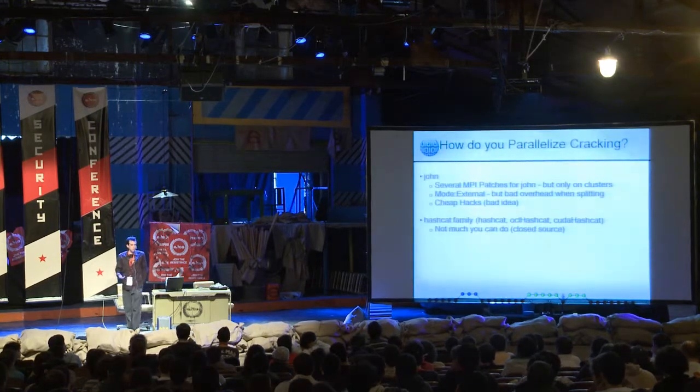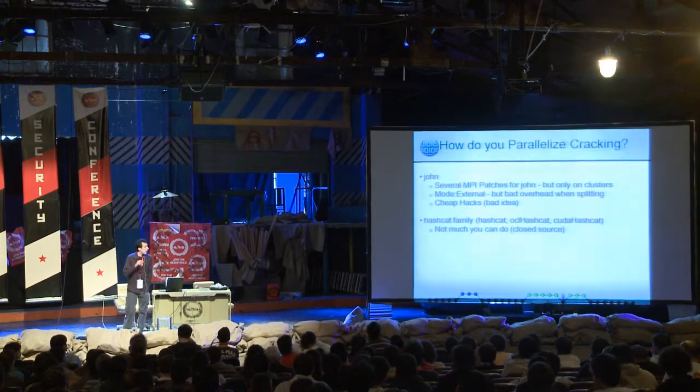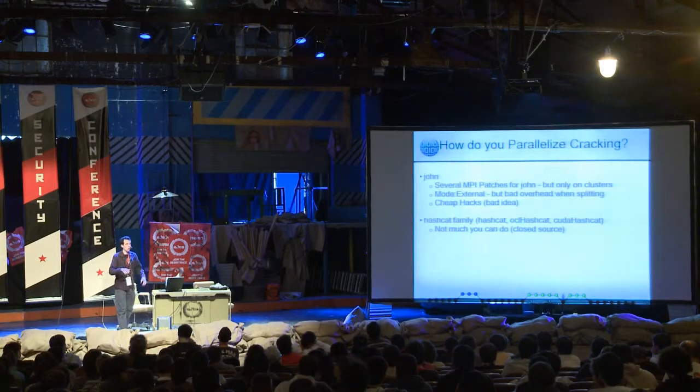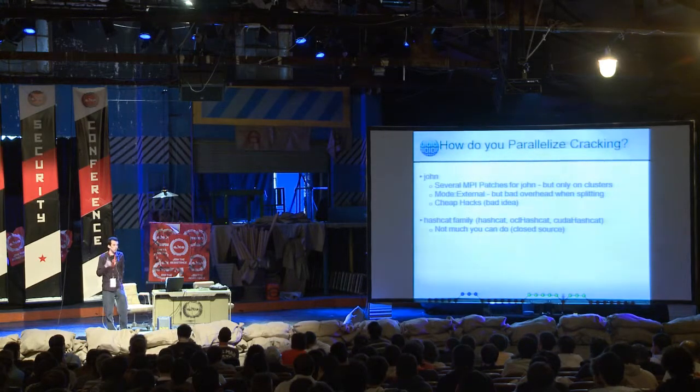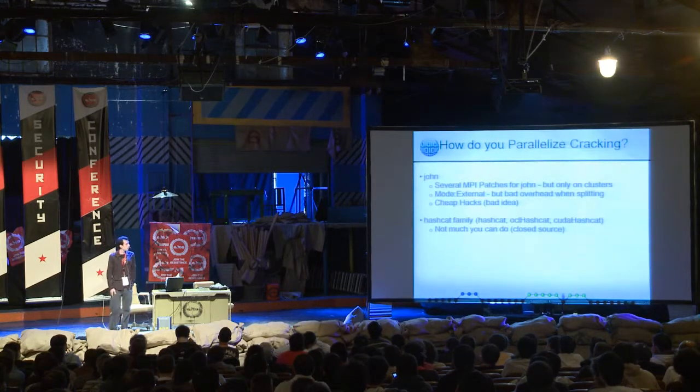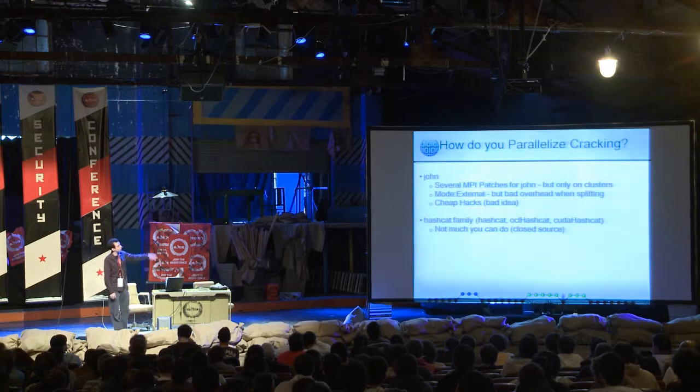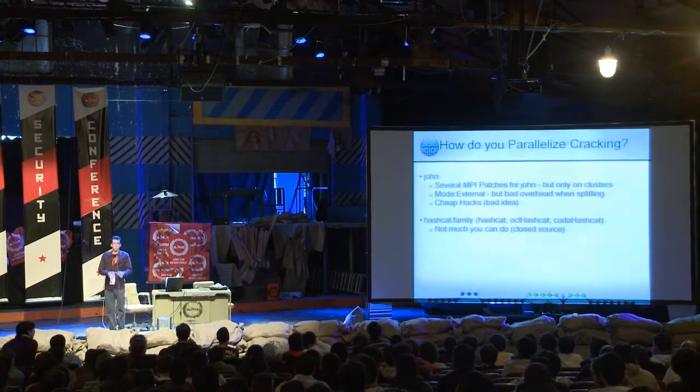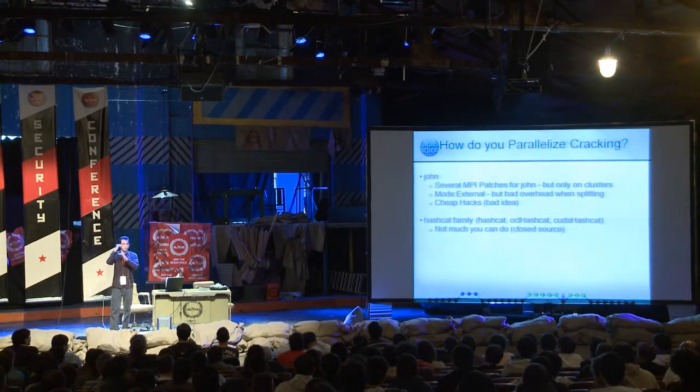So the two biggest crackers are John the Ripper and Hashcat. John the Ripper is open source, and there's several MPI patches. So they run on multiple cores in a computer. If you have a 64-core machine, you're good. If you have 64 one-core machines, you're kind of screwed. So there's something called mode external. Mode external will split the work between any number of computers, but all it does is skip passwords.